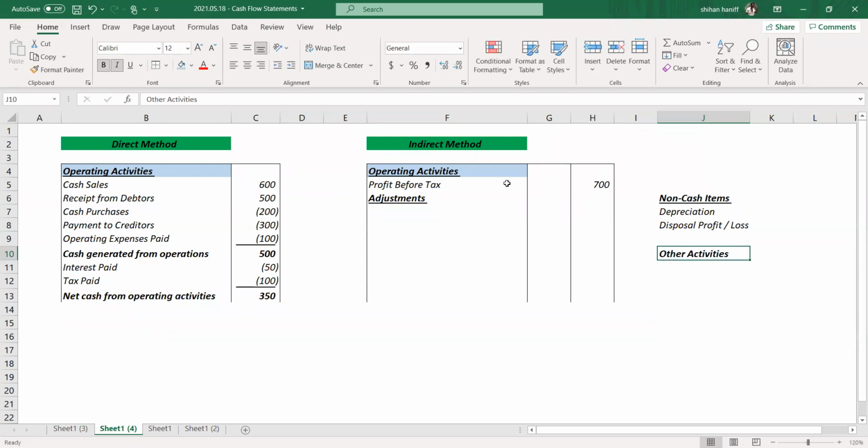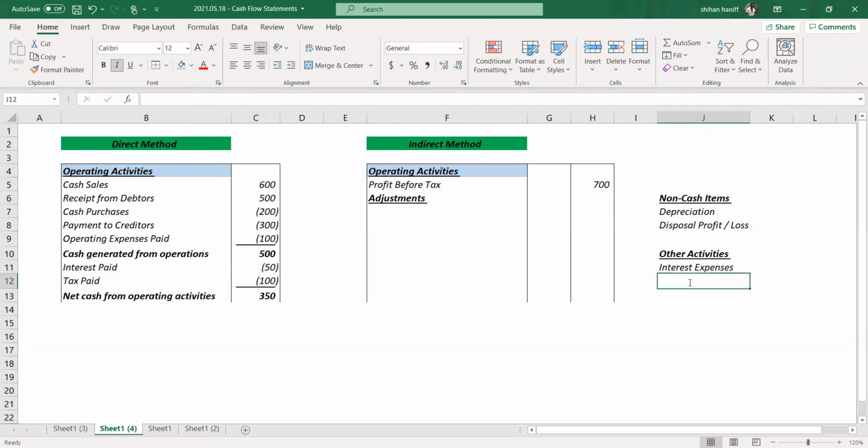Transactions of other activities. Now, under the operating activities, we need to find out the net cash from operating activities. So other activities are like interest expense that we have to show separately, interest paid, right?